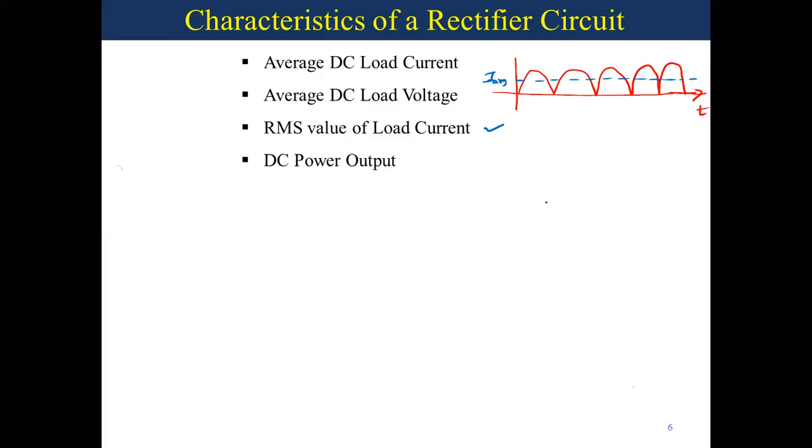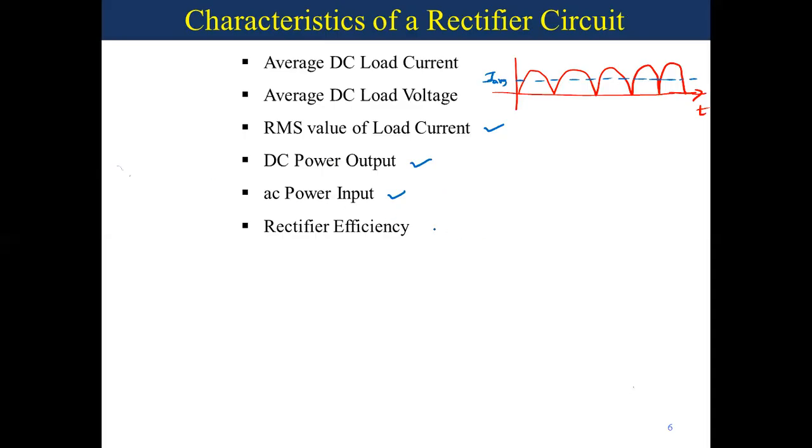Then how much DC output power we are getting in the rectifier output, we need to calculate. That is DC power output. And how much AC input power is supplied to the rectifier, that must also be calculated. If you know the output power and input power, then we can easily calculate the efficiency of the rectifier.